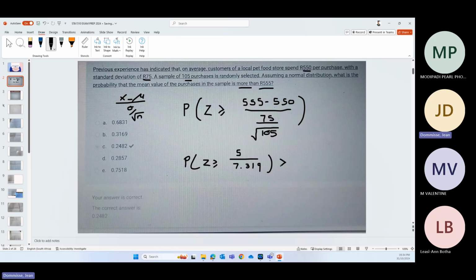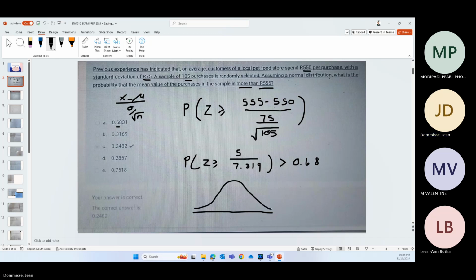So let's just hope my calculation was right. 0.68. So hopefully 0.6831 is correct, but we're looking for the probability.